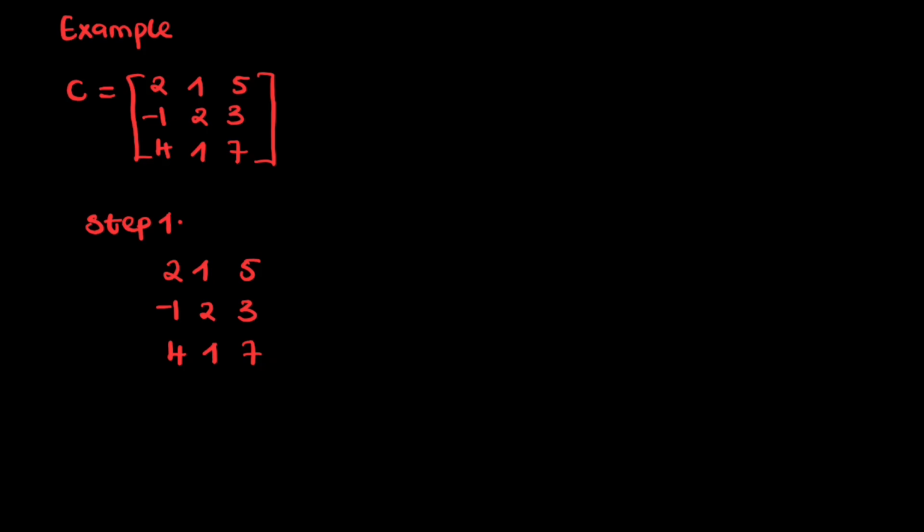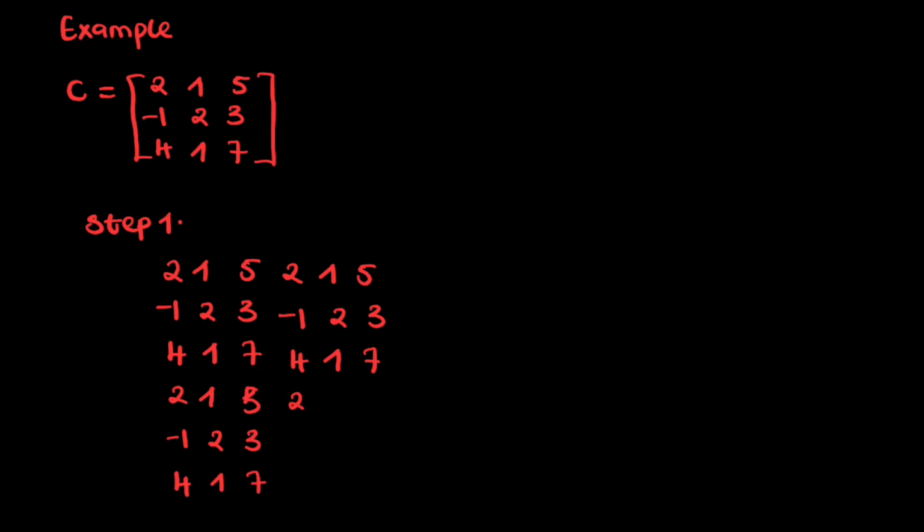So now we'll write it to the left. 2, 1, 5, minus 1, 2, 3, 4, 1, 7. Now we go below. 2, 1, 5, minus 1, 2, 3, 4, 1, 7.